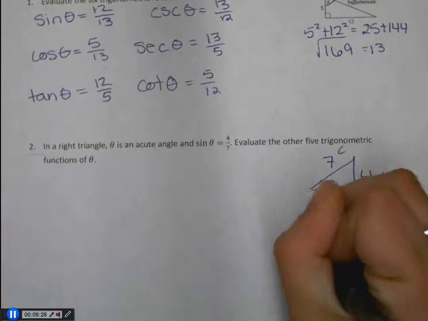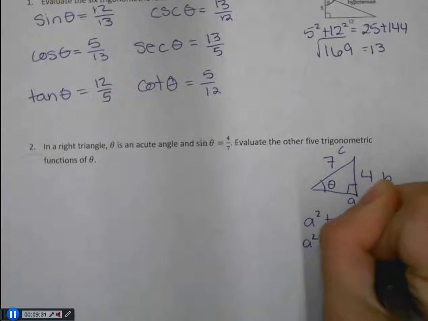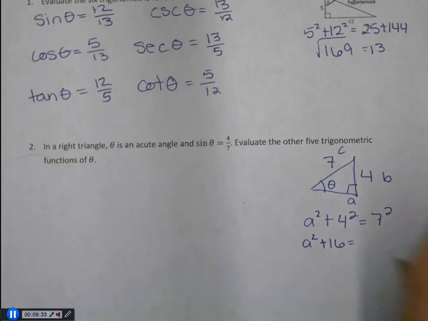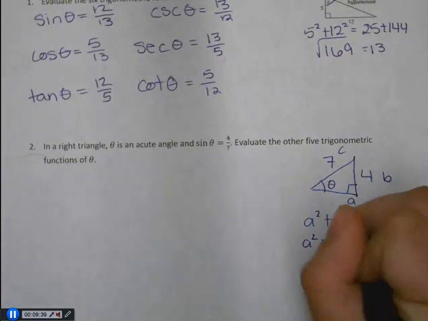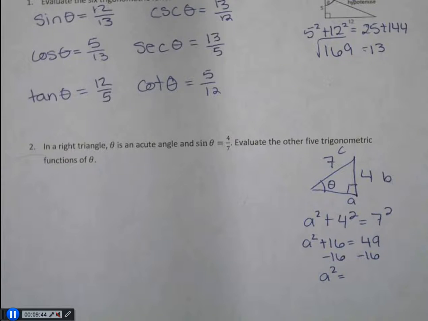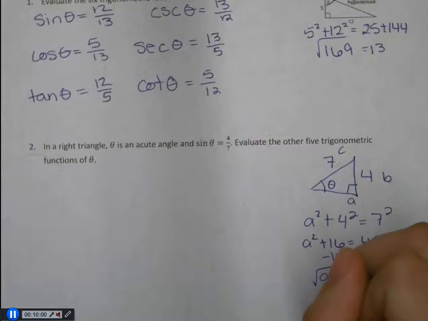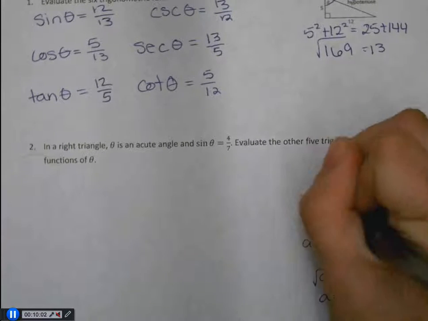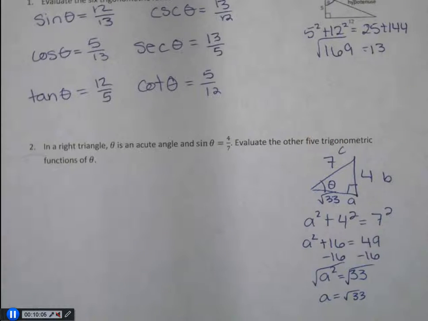Okay, 4 squared is 16, 7 squared is 49, okay, then what do I want to do? Okay, can I take the square root of 33? So I just get the square root of 33. That's going to go right here for my side length on the bottom.